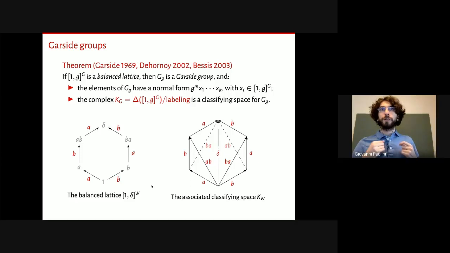So the intervals that you get satisfy these hypotheses, so you can realize your spherical Artin group as a Garside group, like here. You can construct a classifying space, like in this theorem here, and then you can prove that this classifying space is homotopy equivalent to the configuration space that you care about.